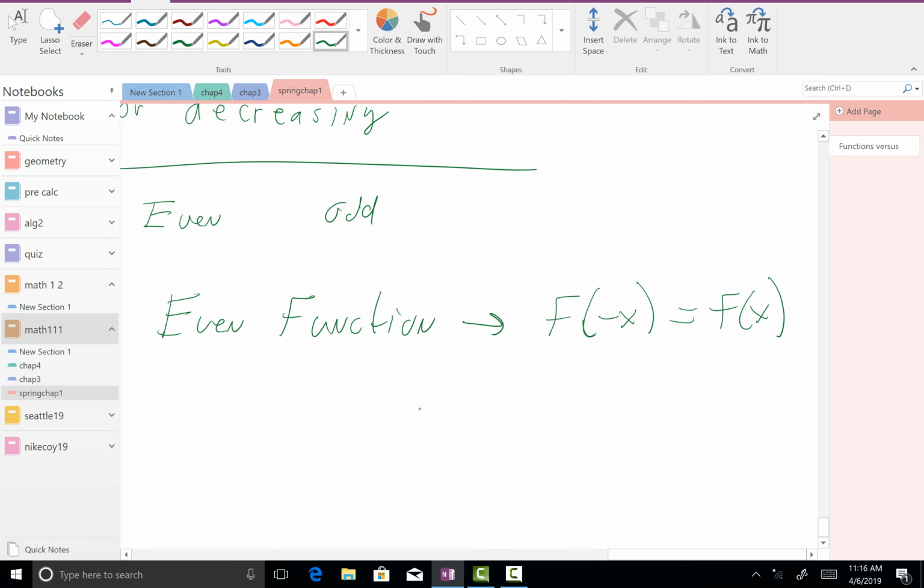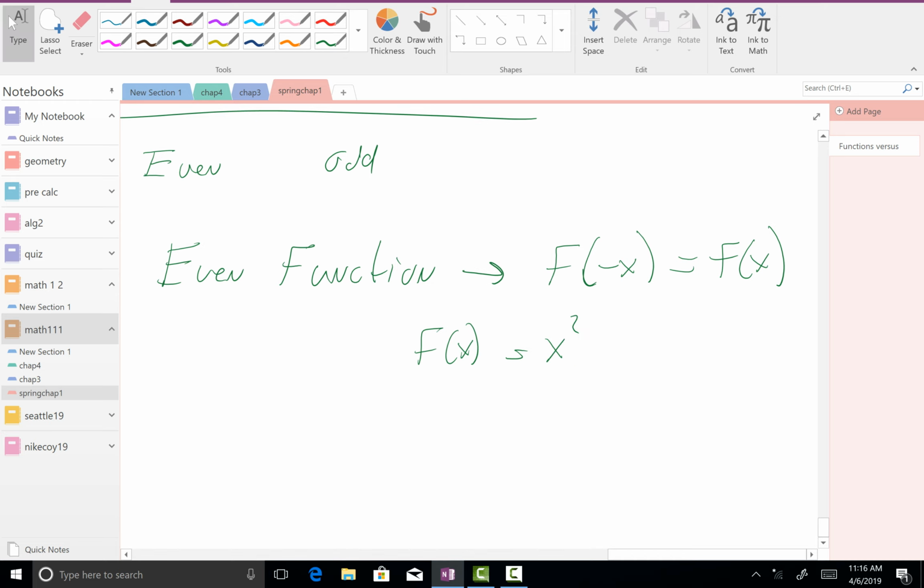So for example, let's say we have f of x equals x squared, a simple, basic parabola. If I put a negative x in like that, I'm testing to see if it's even. This says I want to take the opposite of whatever x is, put it into this function, and see what I get.